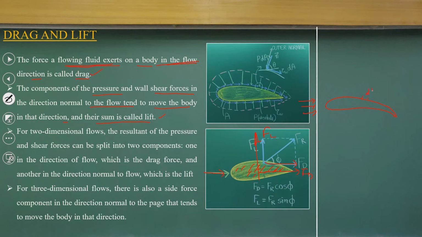So, if I take a small area dA, for that area I have a wall shear stress, tau W into dA, which will be the force component, and I have the pressure force, P into dA, acting along the normal component. That normal component is making a theta degree angle with the horizontal direction, the flow direction.